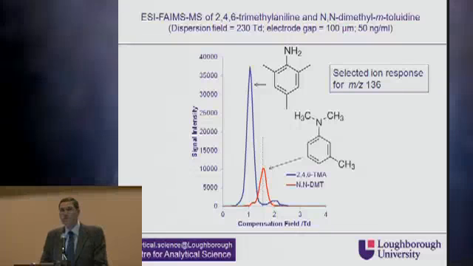So we have a separation which is effectively instantaneous. The time of transmission through the device is on the microsecond scale. And we've incorporated this into a rapid screening process for these particular compounds, based on thermal desorption.